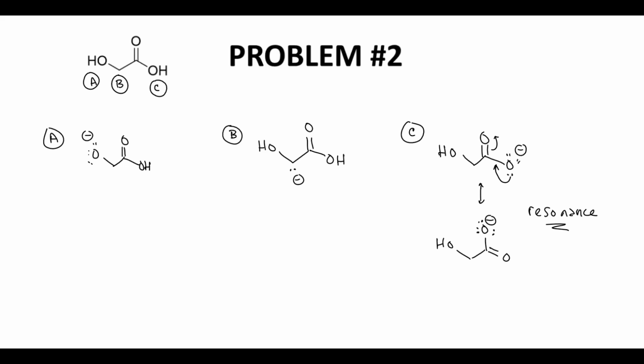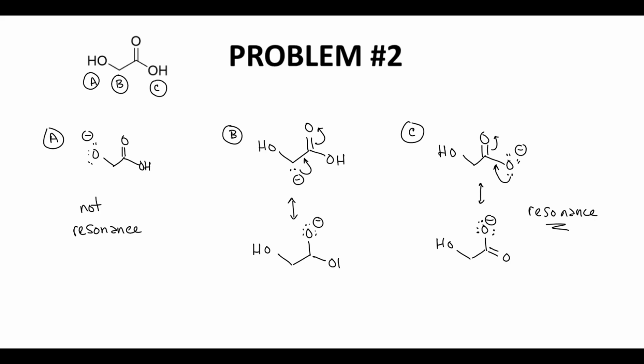Going back to A, we have no resonance. This is now a localized O minus. Now B is not as terrible as it looks. I'd say, yikes, it's a C minus. Are you kidding me? Well, through resonance, we can push that electron density up onto the oxygen.